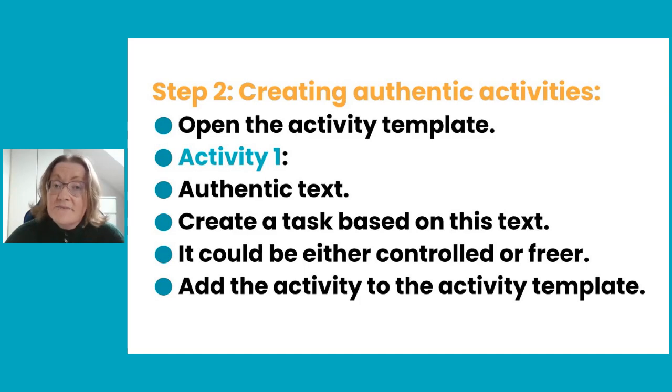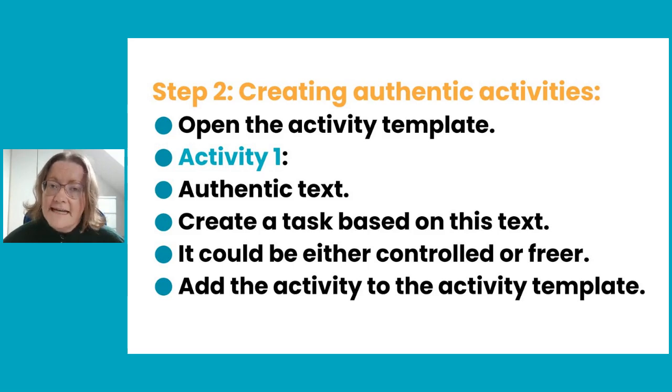It has been produced for that audience. An authentic text is not produced for language learners. So it is not simplified, it is not graded. It's not intended as teaching material. An authentic text is just one that has been put out into the world for proficient English speakers to read.